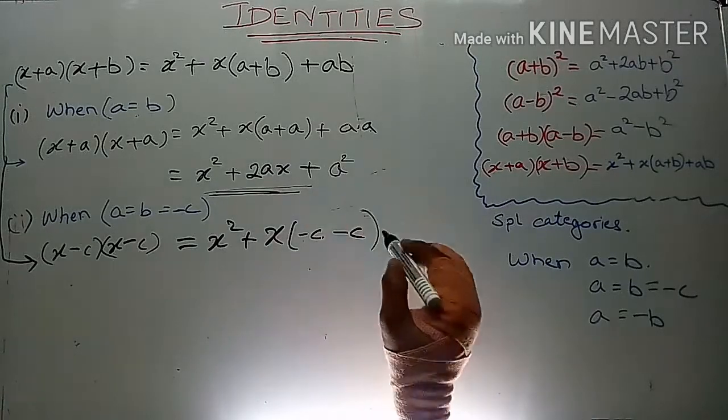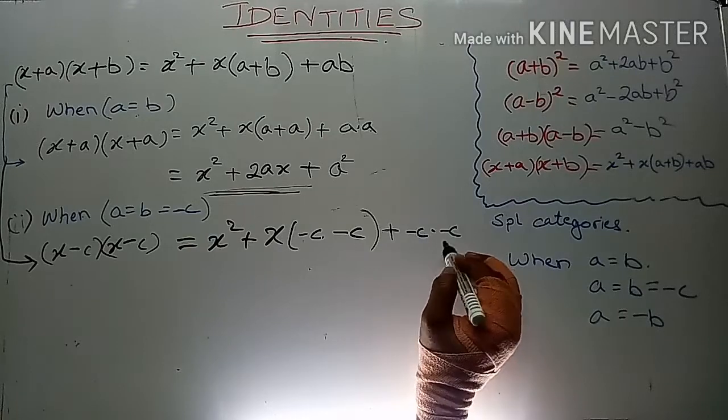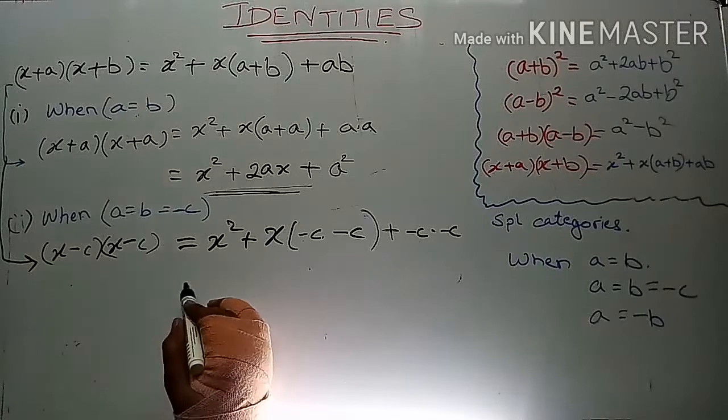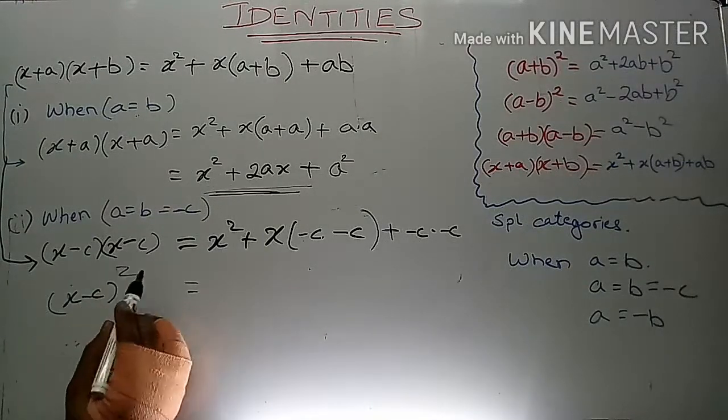We are still left with the third one, that is minus c into minus c. Minus c into minus c will become plus c square. This is nothing but x minus c the whole square.